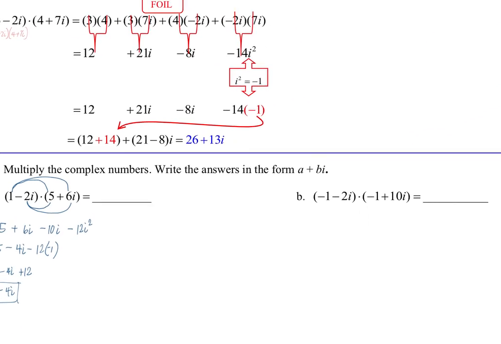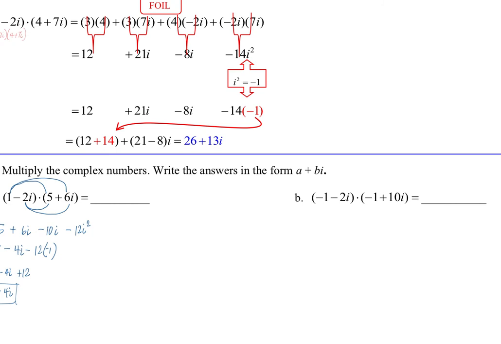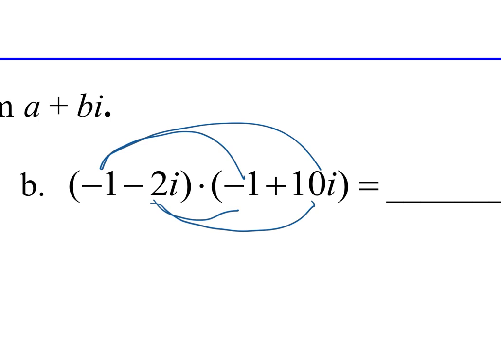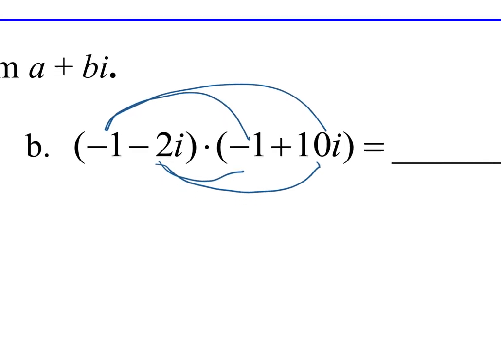Now, when I was showing you the first one, I did kind of repeat the outer, the inner, the last. All I do is I say negative 1 times negative 1, negative 1 times 10i. I exhaust this negative 1. I give it to everybody. And then once I've multiplied that negative 1 by everything, I then multiply the negative 2i by everything in that second complex number. So negative 1 times negative 1 is positive 1. Negative 1 times 10i is negative 10i.